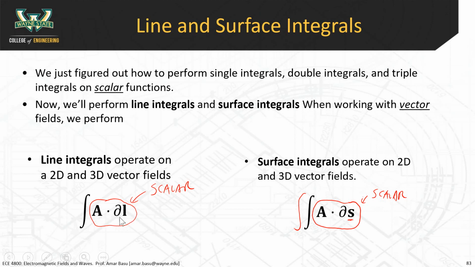In both cases, the dot product of the vector field with the differential surface or the differential length results in a scalar quantity. So these are just one extra step that you have to do to first convert that vector field into a scalar quantity, and then you can just do the integral normally. There's a few additional things that we have to keep in mind when we do that, so we'll go over that.